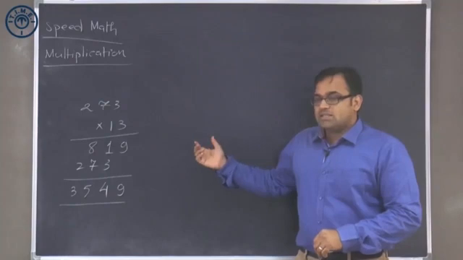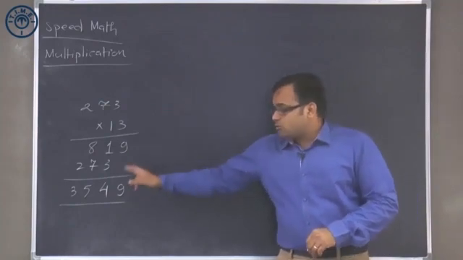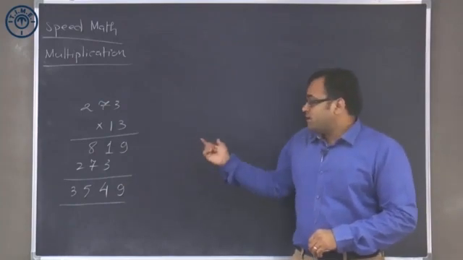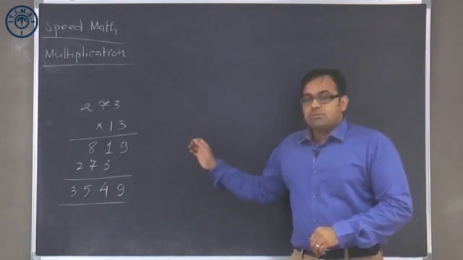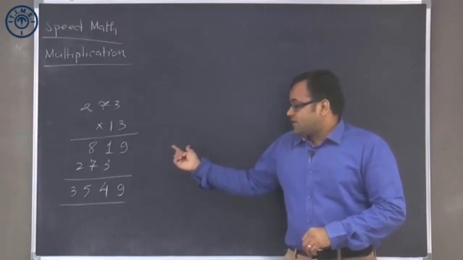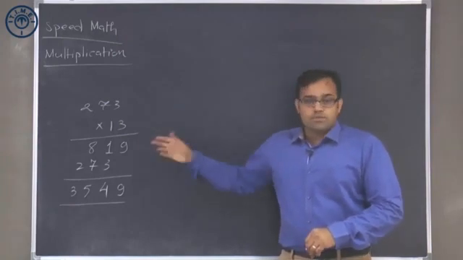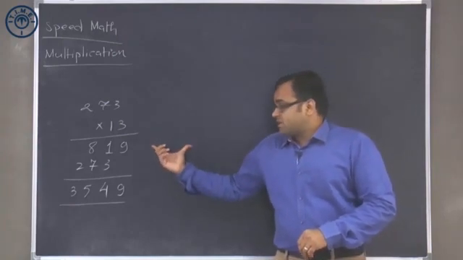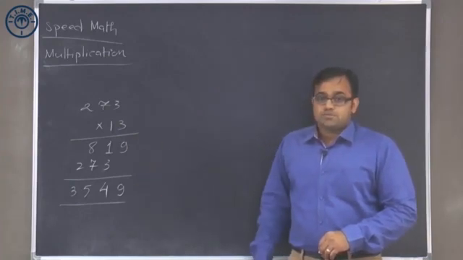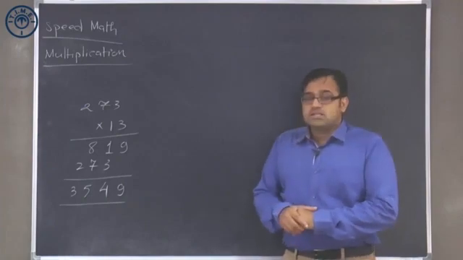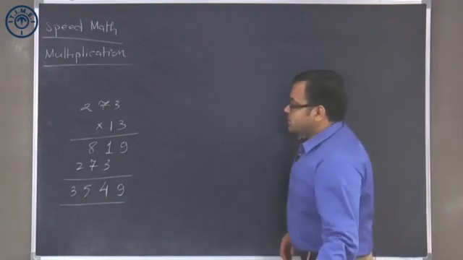So the idea is that if I can, without getting into this whole calculation, identify what will be the last one digit, some options may be eliminated. If I can identify the last 2 digits, some more options can be eliminated. If I can identify the last 3 digits, some more options are eliminated, and so on and so forth. So with this view, we will discuss now the digit multiplication method.